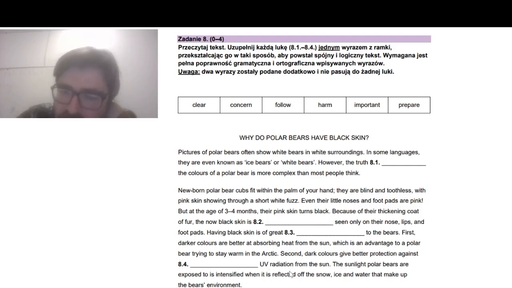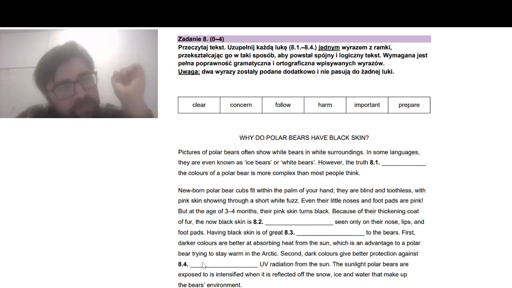What describes the noun? It's an adjective. So now let's look at the root of our adjective. We have follow, harm, prepare. Because UV radiation is about damaging something, the most appropriate is harm, right? Let's put harm here. And harm itself is a noun.